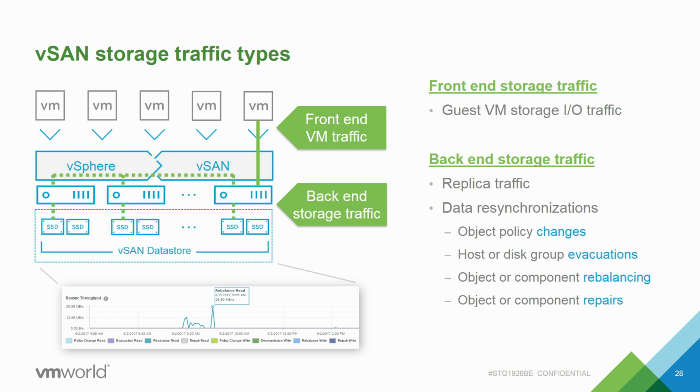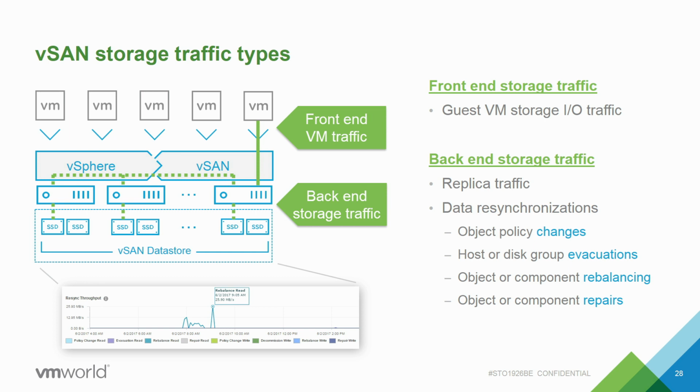But there's other traffic, back-end traffic, that is the result of other activities going on in vSAN. That would be things like replica traffic. If we want to have data in multiple locations for the purposes of redundancy, we have to be able to write it to multiple locations. That's where that replica traffic would come in.